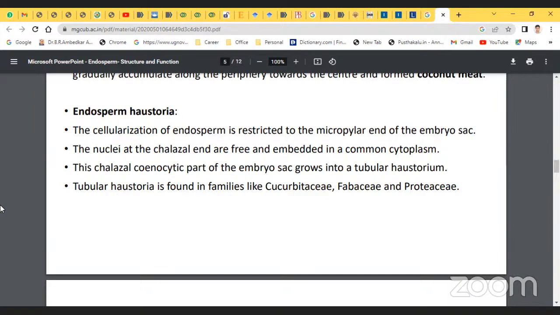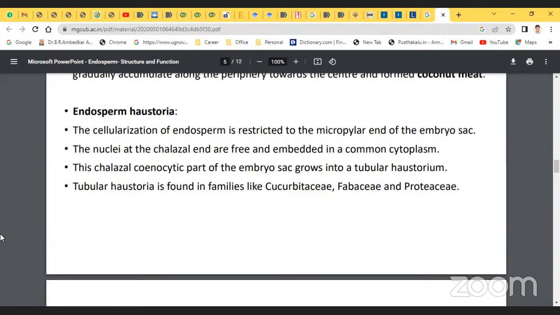We are not explaining the ovule and embryo sac again, so that is why I clearly mentioned that day that it is very important. Once you get all the major parts of the embryo sac and the ovule, the further steps are easy. Otherwise, you will not understand these terms.